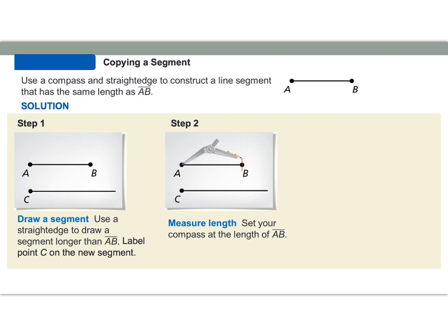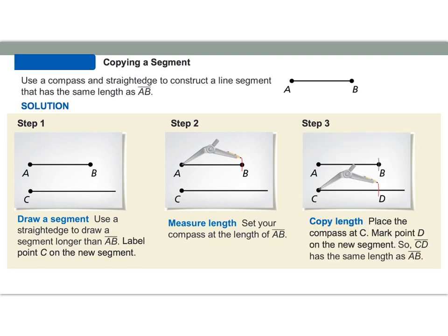Once you have that distance set, we're going to move that compass from point A down to point C, and then we're going to draw a little tiny dash or tick mark that goes through this line segment down below.